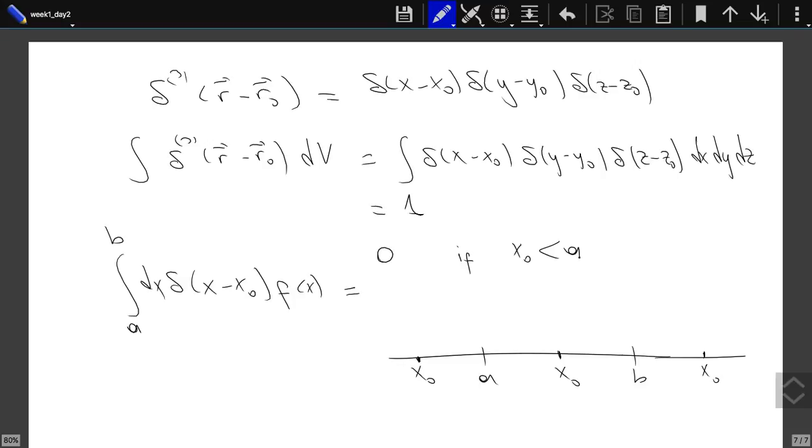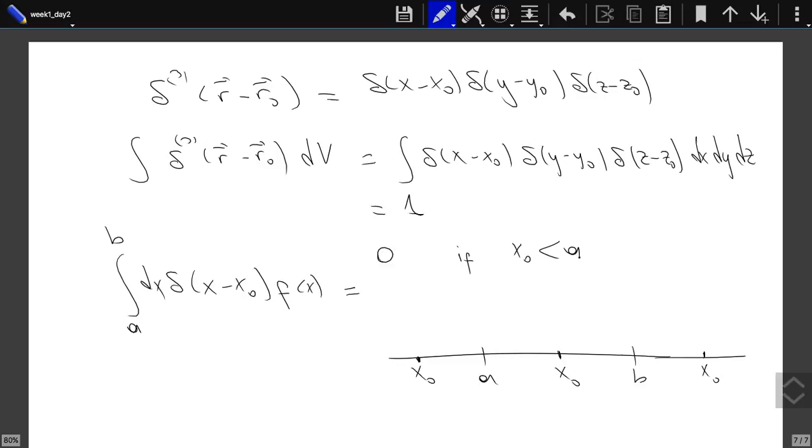More or less, we can do the same analysis if x0 is over here. Again, x takes only values between a and b. That means x is less than x0. If x is less than x0, then this number is always negative and it is never 0. If it is always nonzero, then the Dirac delta is always 0 in this interval.